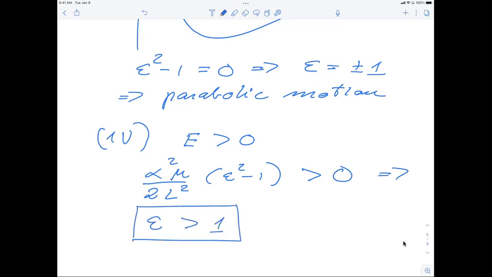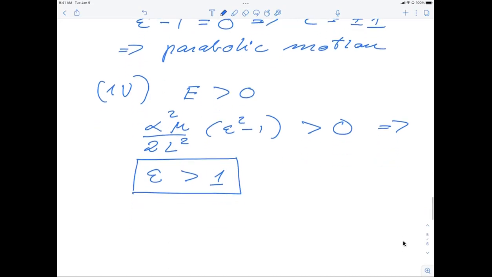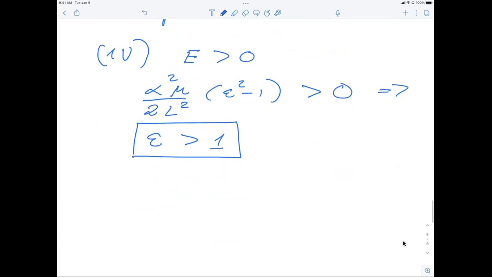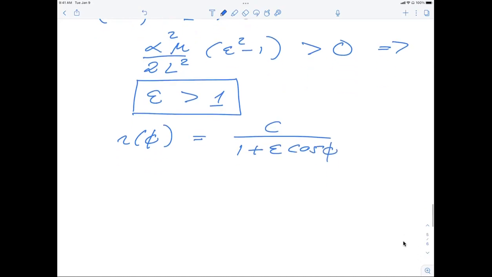So we have not yet said what kind of motion we are going to expect, but with this epsilon equal to 1, if we now plug it into the equation for r, which is given by this constant c over 1 plus epsilon cosine phi, you see now that the denominator vanishes.